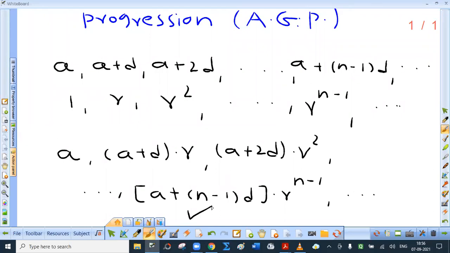Now the series corresponding to this arithmetico-geometric sequence is the arithmetico-geometric series. Now let us try to obtain the sum of n terms of AGP, and if the modulus of the common ratio is less than 1, we will be interested in finding the sum to infinity of this arithmetico-geometric series.